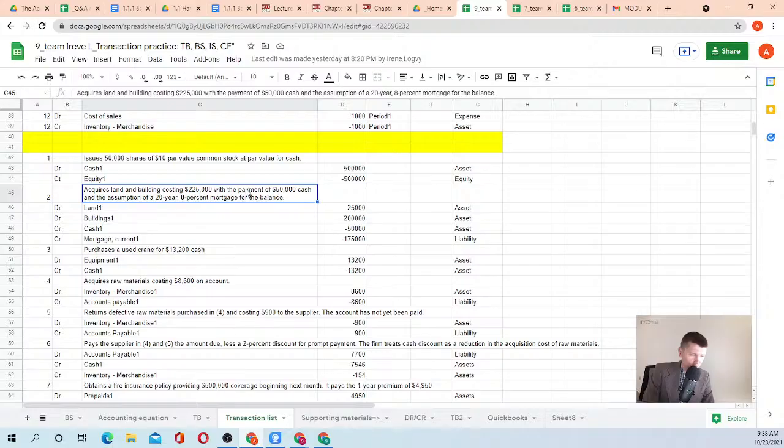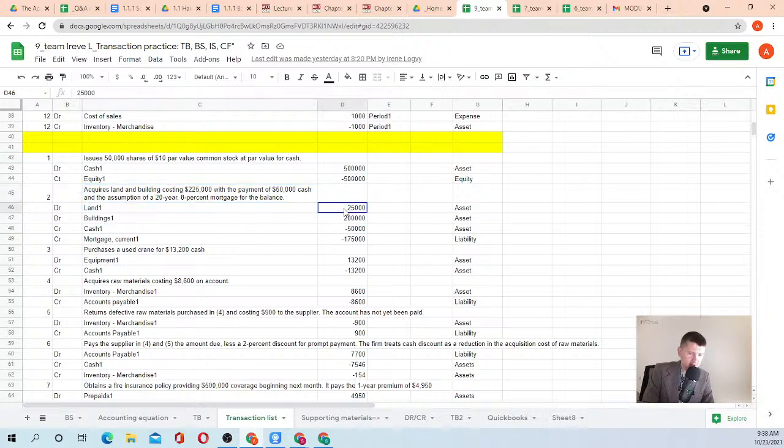There was no requirement to do that in the task, and there are no clues on how to determine the land value. But in accounting, you need to show these separately, unless your land or your building is very cheap, insignificant, immaterial.